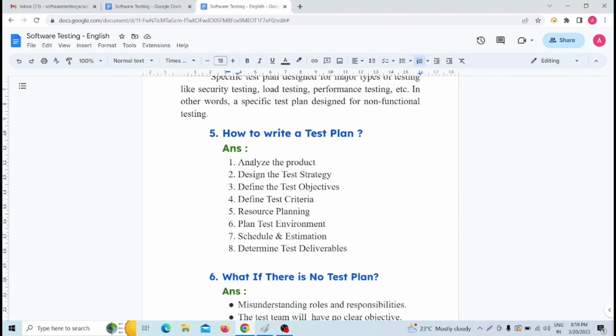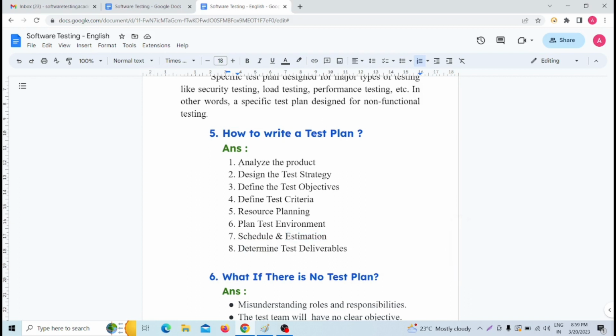First, analyze the product, then design the test strategy, then define the test activities, then define the test criteria, then resource planning, then plan the test environment, then schedule and estimation, and then determine the test deliverables.